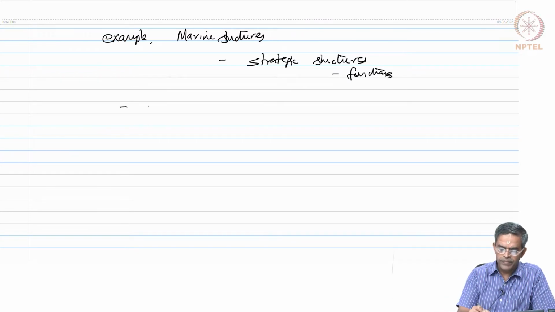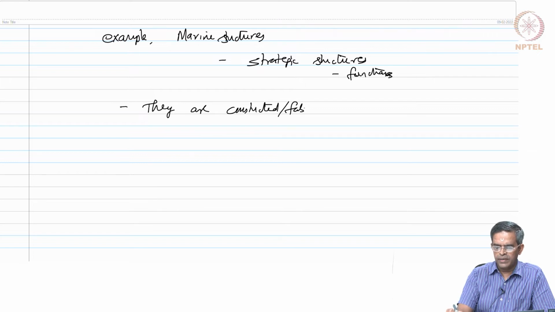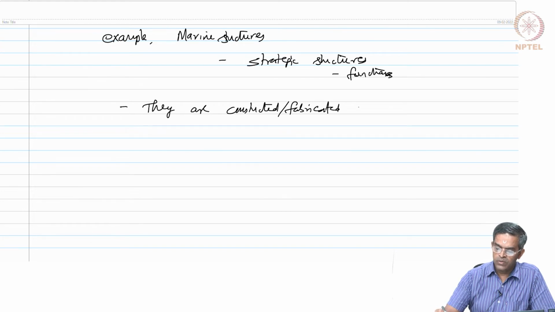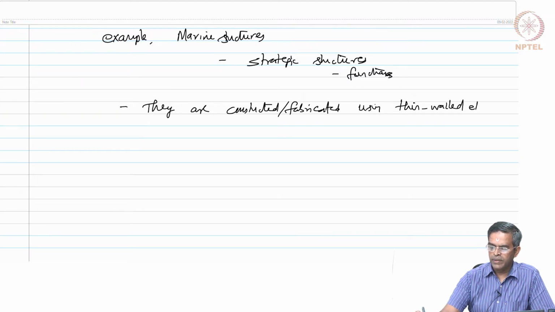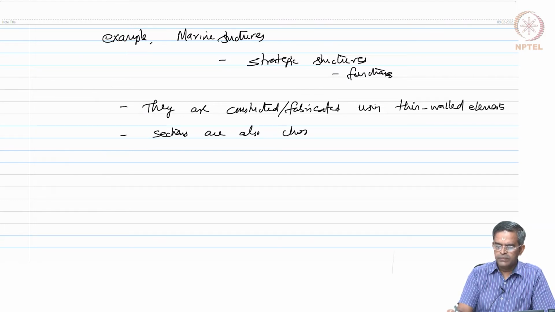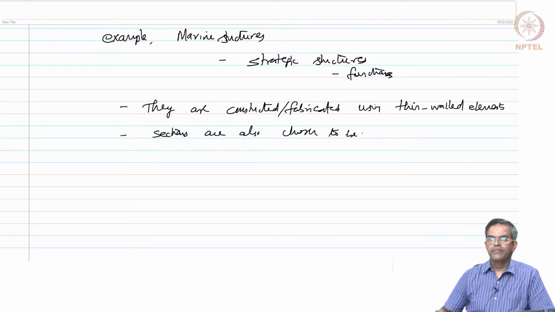Usually they are constructed, or I should say fabricated, because we use essentially steel as a material, using thin walled elements, and sections are also chosen to be asymmetric.